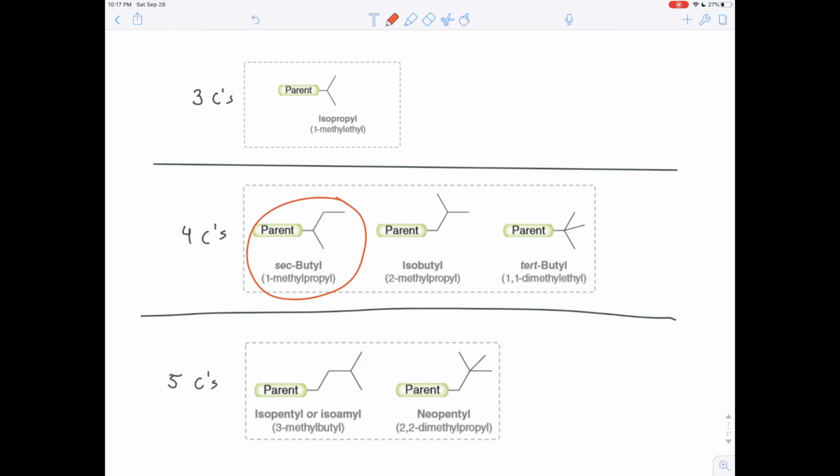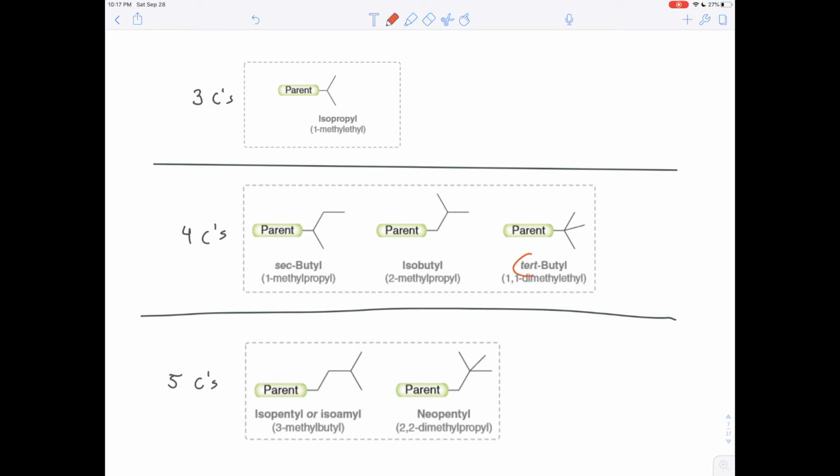For sec-butyl, that's because you have 1, 2, 3, 4 carbons, right? So bute, and it's a branch, so YL. And the branch is connected to the parent chain on the second carbon of that, so sec-butyl.